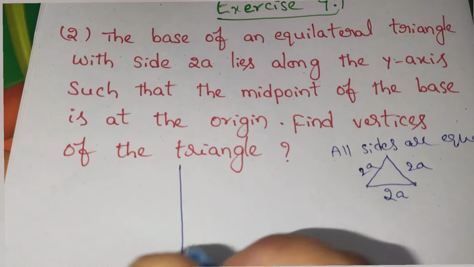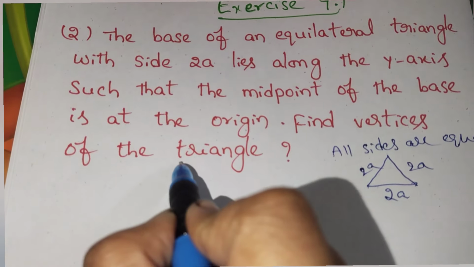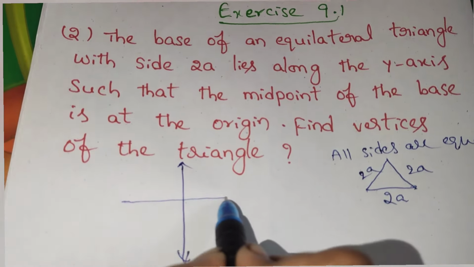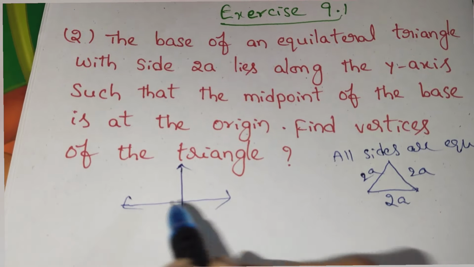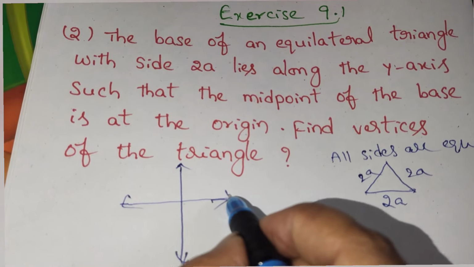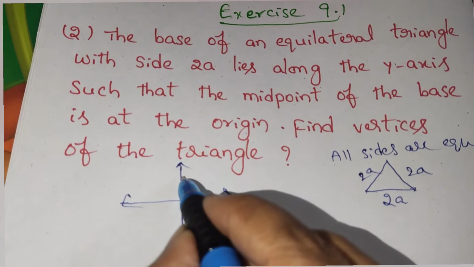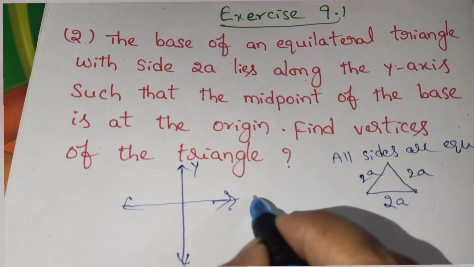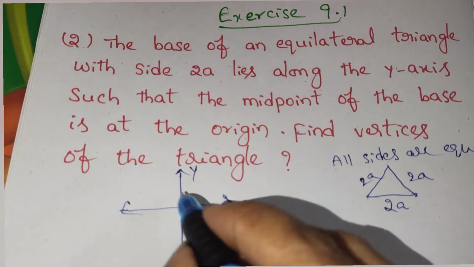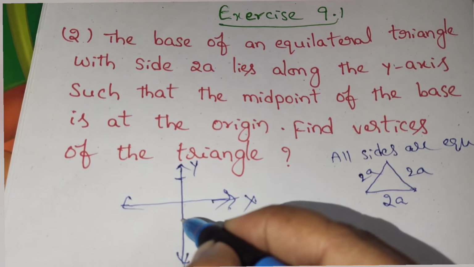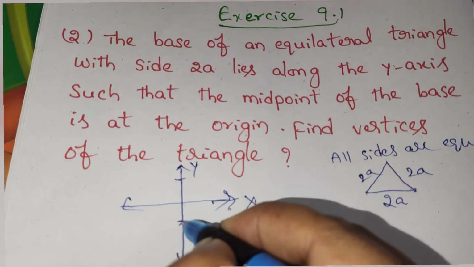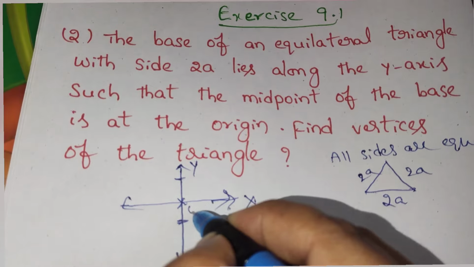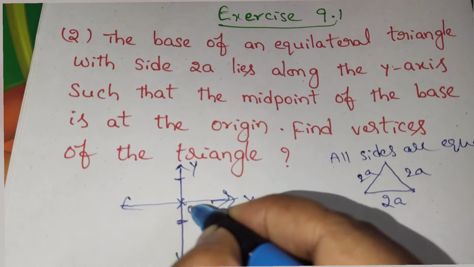Now we place this base along the y-axis. So first we draw the plane. It is the y-axis and it is the x-axis. Now I am taking the base on the y-axis, from here to here. Why? Because the midpoint is the origin, 0 0.